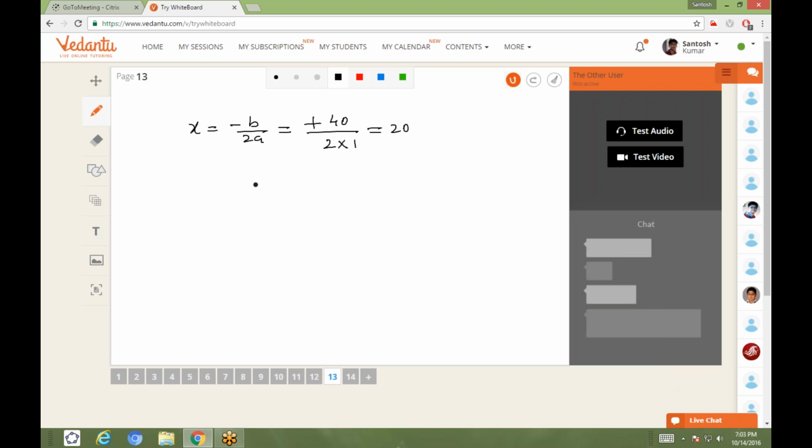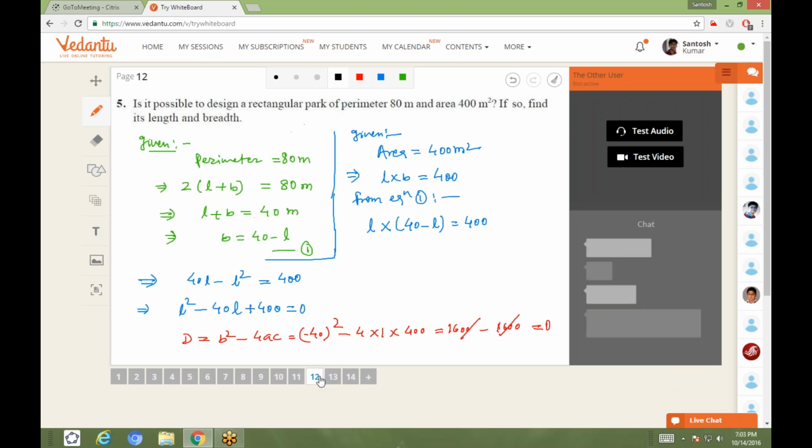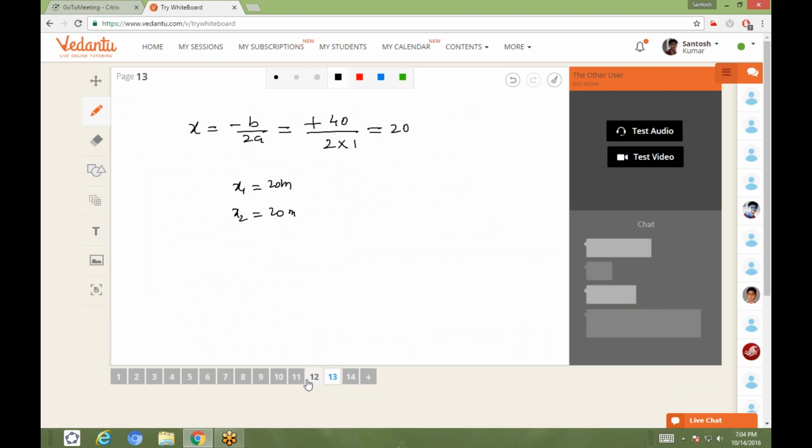So it is 20. Both x1 will be 20 and x2 will be 20, and the unit is meter. So the length will be 20 and the breadth will be 20. Both are equal, so that means it is a square. Got it, Mufassir?